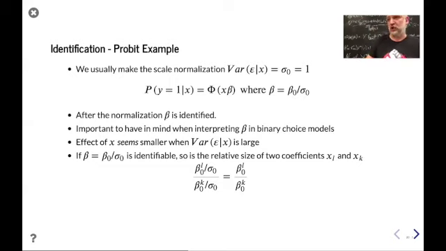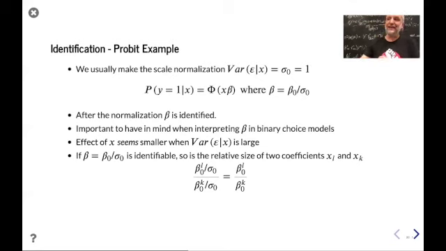What you can interpret is, for example, the relative size of the parameters of two explanatory variables, say xl and xk. If we let the coefficient on xl be beta l and the one on xk be beta k, then what you would estimate is that ratio, right? Because that's what we potentially can identify. The relative size of those two estimates is going to be such that sigma cancels out.